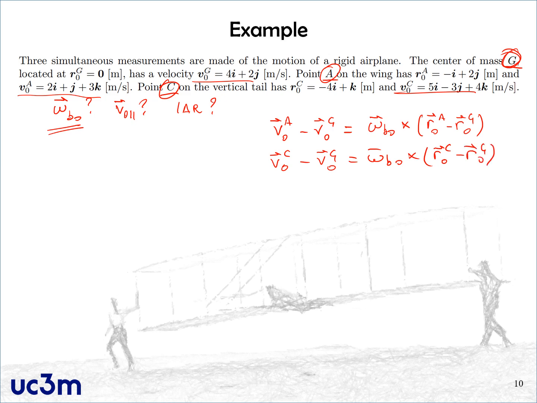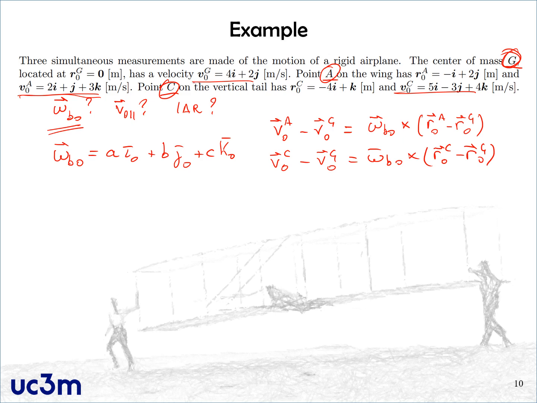So from these equations, we need to find the components of omega, and that way we can determine what its value is at this particular instant of time. So let us just call these components with generic names, for example, A, B, and C. I have chosen to work in basis 0 because I have all the information in that basis.